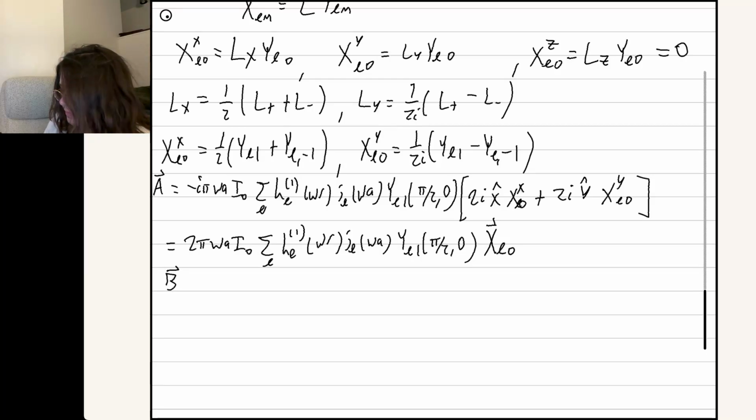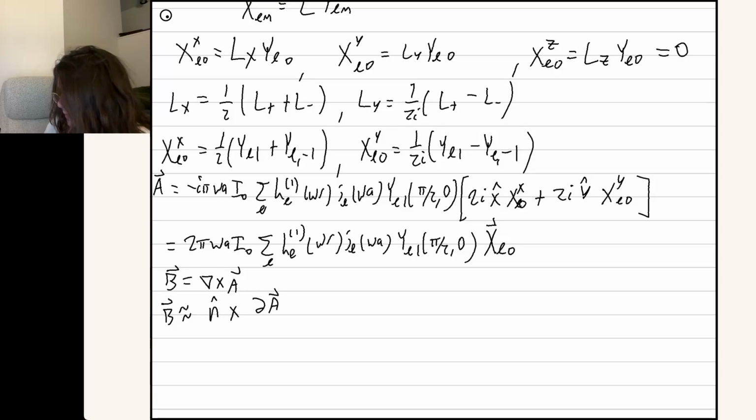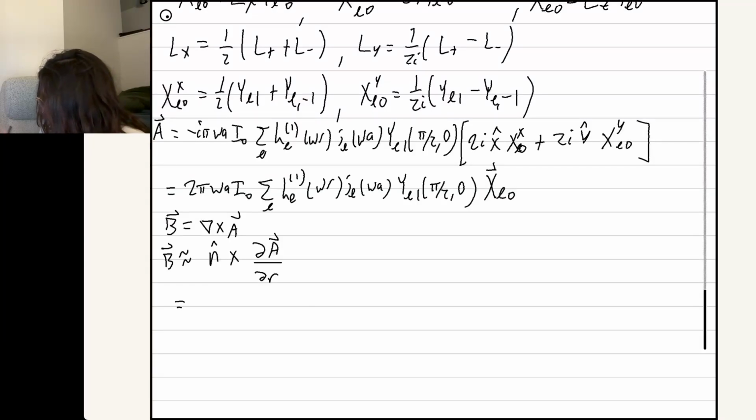In the far zone, well, I mean, anywhere, the magnetic field will be the curl of the vector potential, but in the far zone, we pretty much just care about the radial component, so n̂ cross ∂A/∂r, pretty much. So we'll just take the r derivative of that and the cross product of n with it.